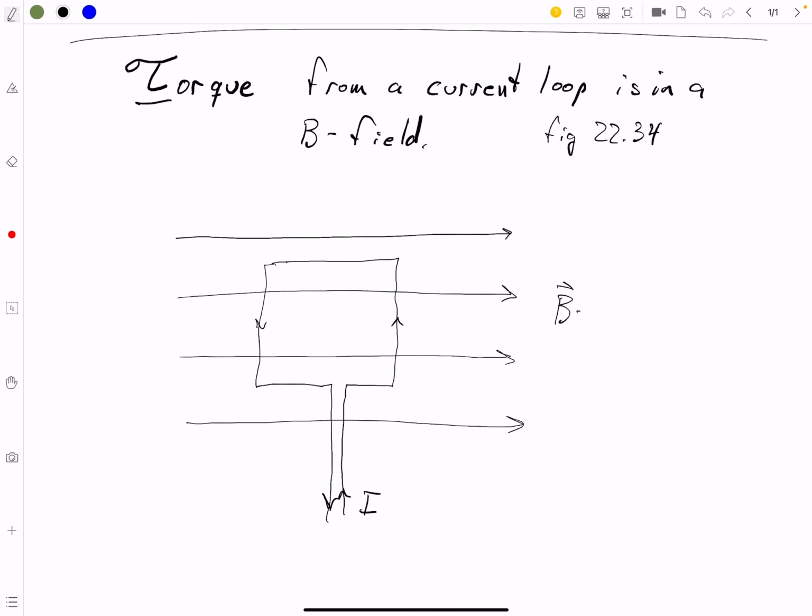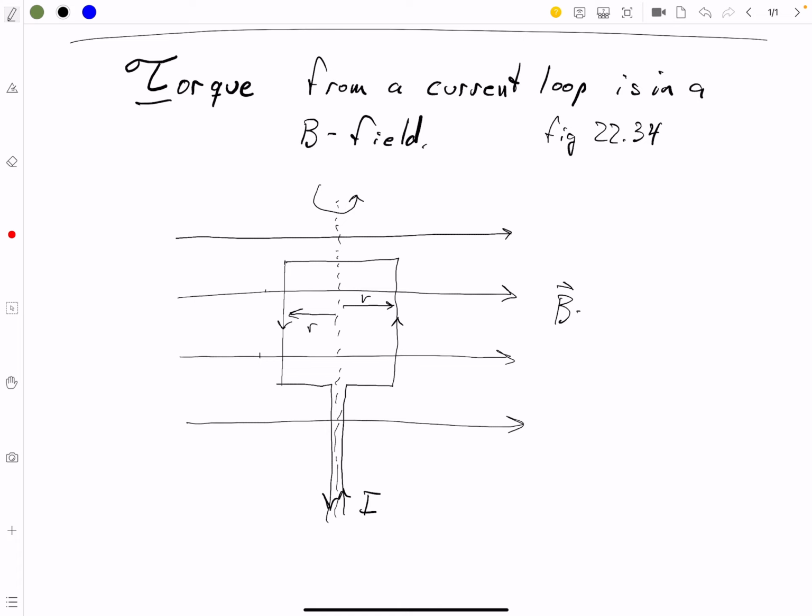If we were to pretend that this was the center, then we would call this distance r. So it'll rotate about this radius if this is our axis of rotation.